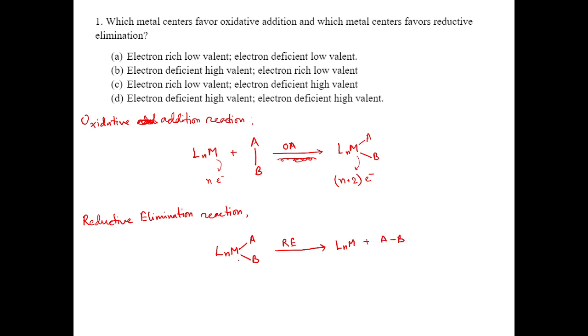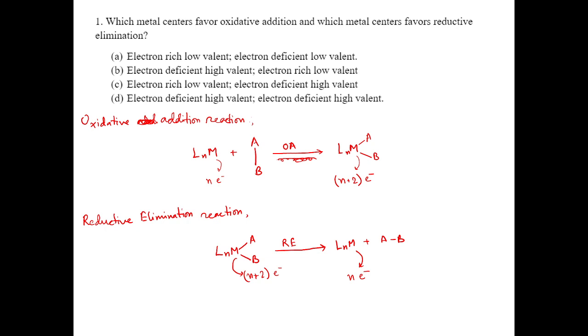Here, if the electron count of this metal center is n plus 2, then after the reductive elimination it will be n electrons. There is a decrease of electron count.